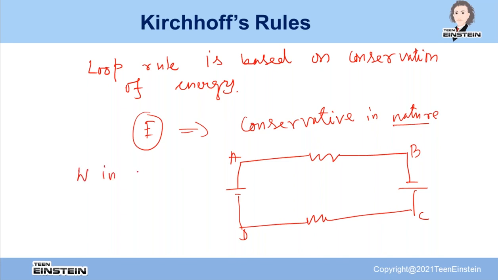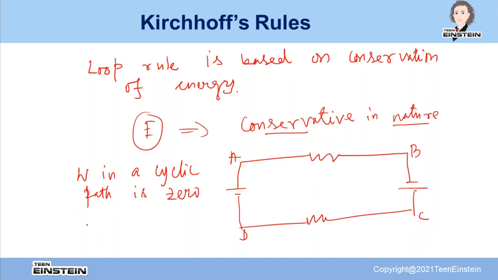Electric field is actually the driving force for moving the charges. You can define potential as work done per unit charge, and this potential depends on the point on the circuit.